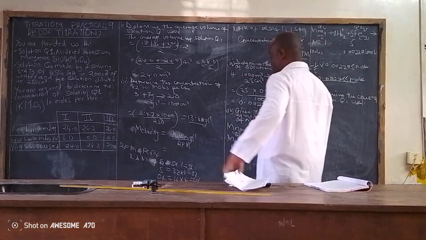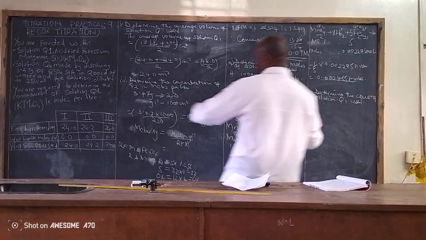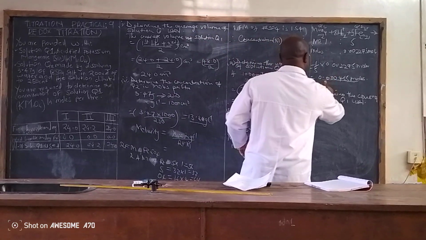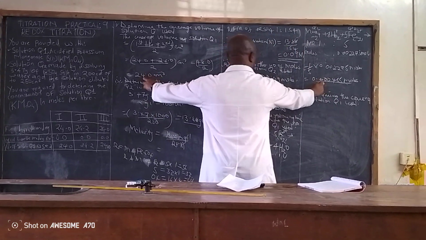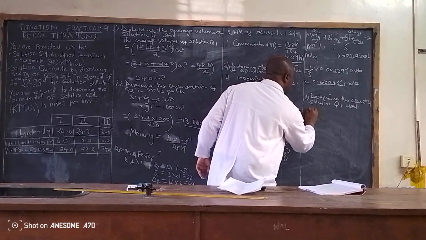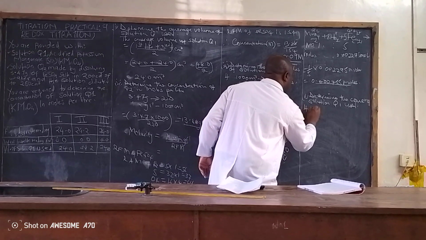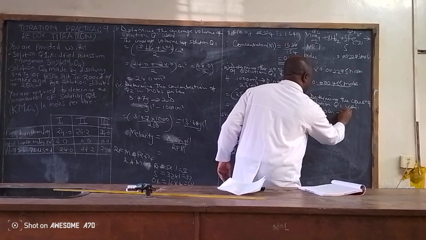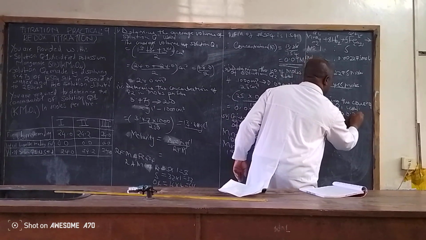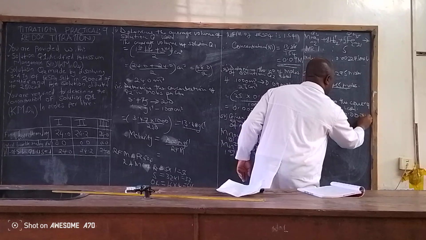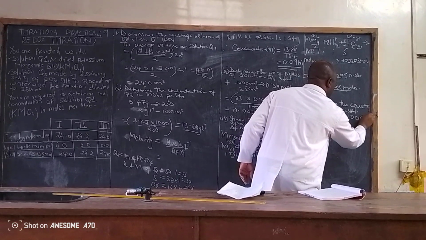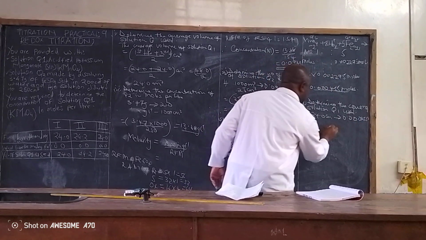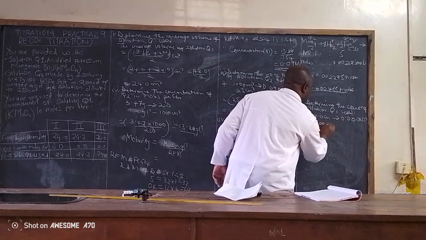We are going to ask ourselves some questions. For example, I've told you these are the number of moles that were present here. So we are going to equate it this way. If 24.0 cubic centimeters have this number of moles, 0.000455 moles, what about 1,000 cubic centimeters?